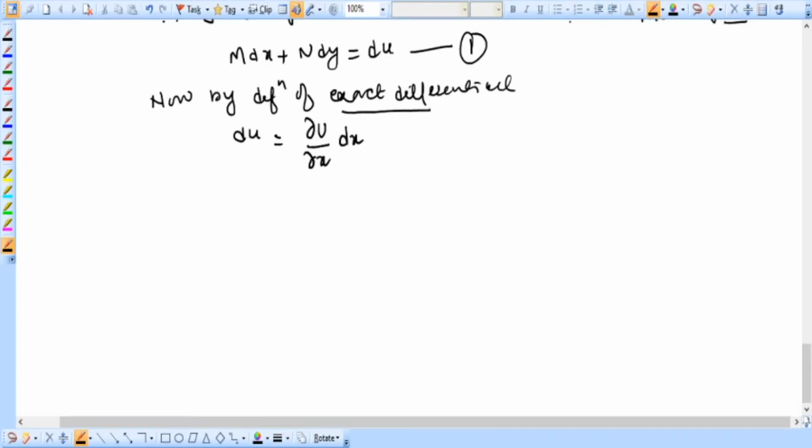This is the definition of exact differential, right? du is always equal to ∂u/∂x dx plus ∂u/∂y dy. This is equation number 2.